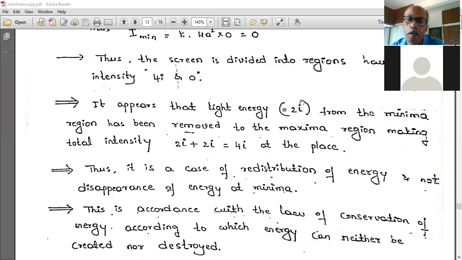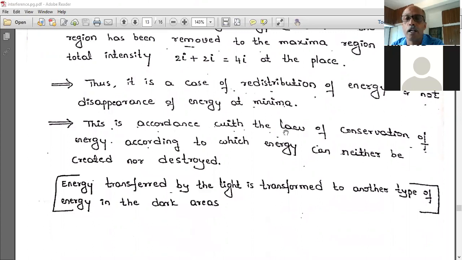Therefore, at the points of minima there is no 2i, in the sense that the intensity is 0. At the points of maxima, since 2i has been added, it becomes 2i plus 2i. Therefore, it is 4i at the place of maximum.